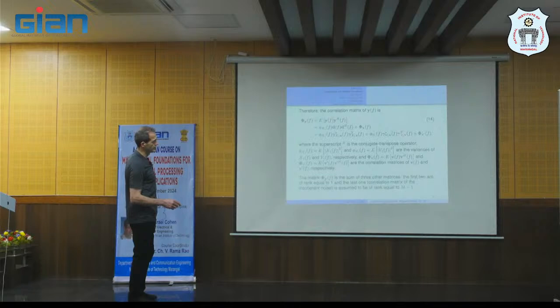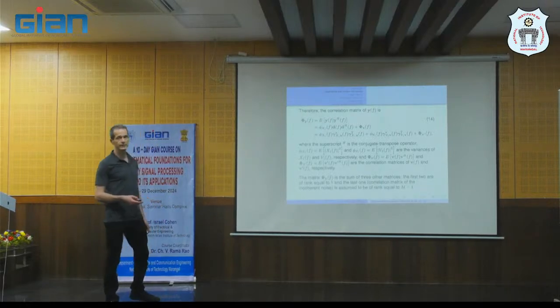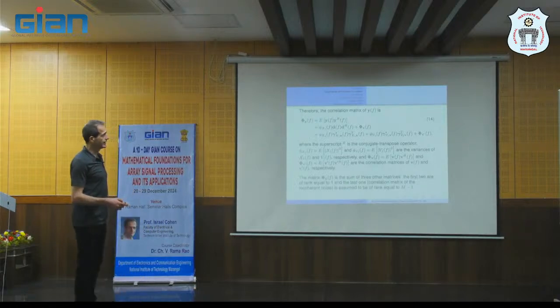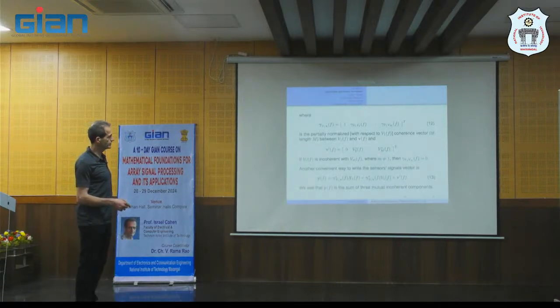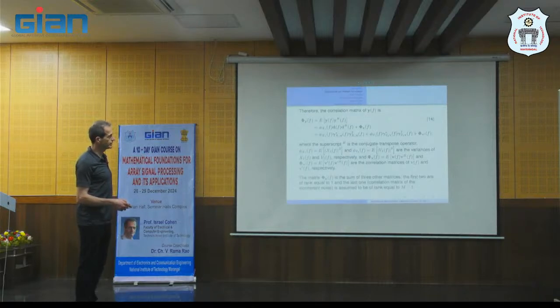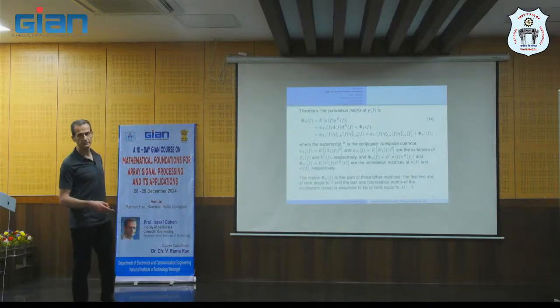So this is also a rank 1 matrix, plus the correlation matrix of the remaining incoherent component of the noise. The rank of this matrix is m minus 1, because we have 0 in the first component. So for the incoherent noise component, we have a rank of m minus 1.